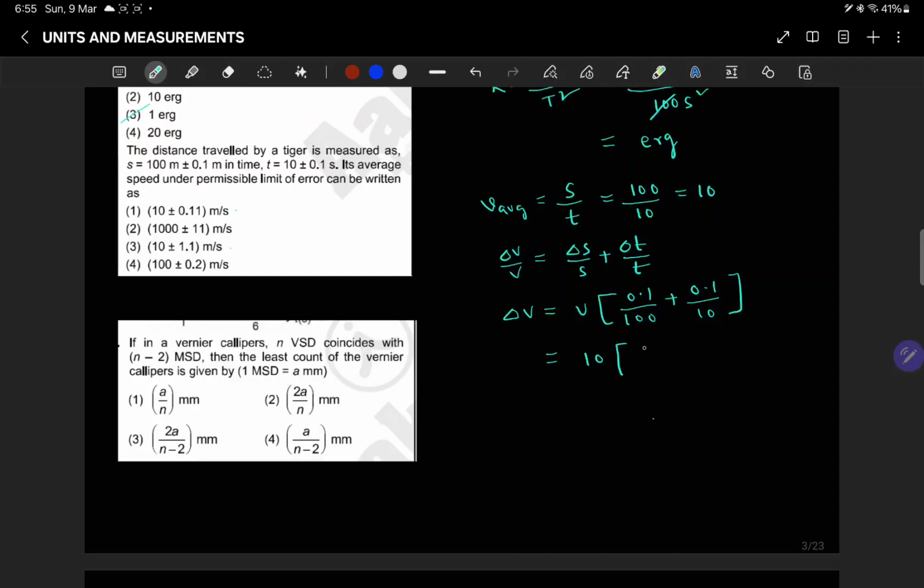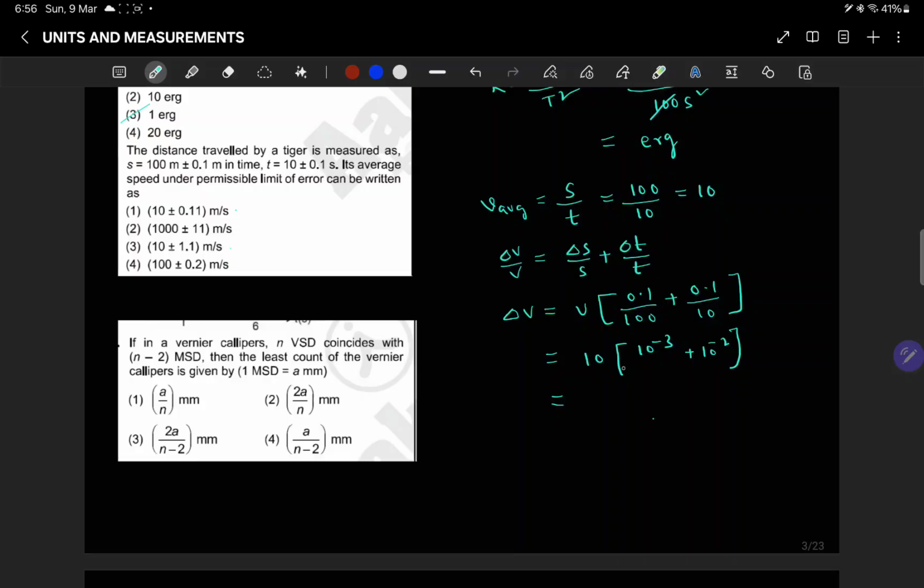Just listen, students. Now here 10 power minus 1 by 10 power minus 2 means 10 power minus 3. Plus 10 power minus 1 by 10 is 10 power minus 2. So 10 multiplied inside: 10 into 10 power minus 3, 10 power minus 2, 10 into 10 power minus 2 gives 10 power minus 1.